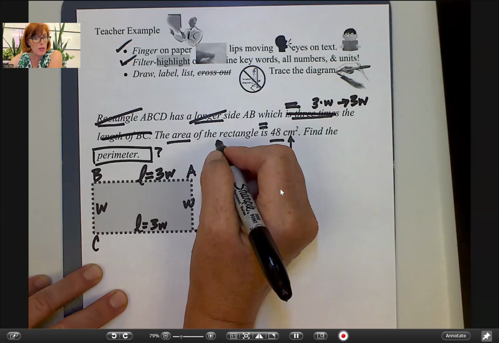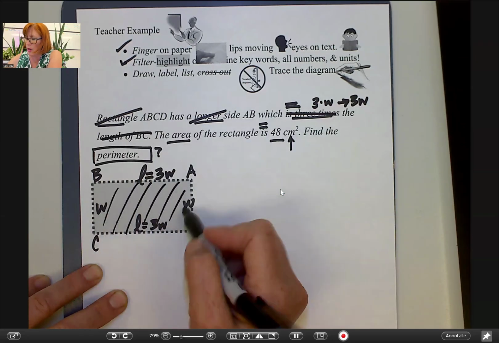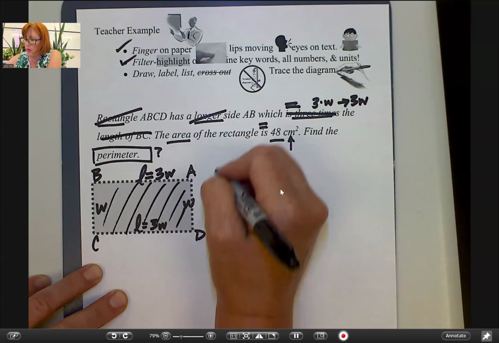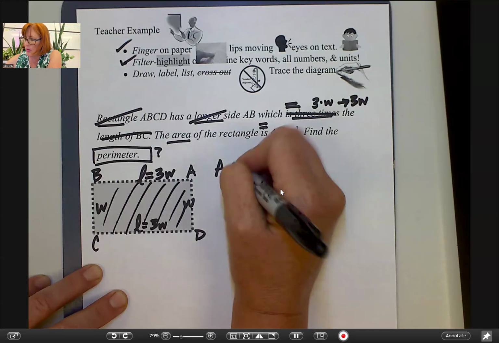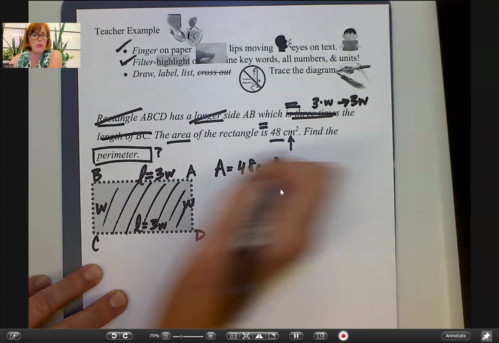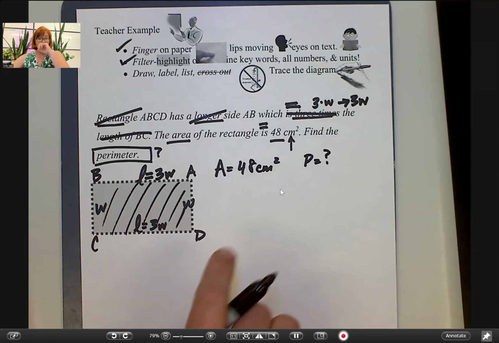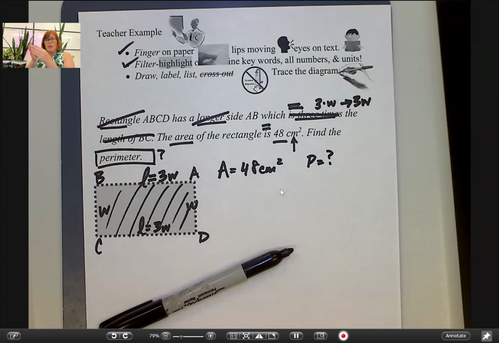It's a piece of information we're given. I just lightly shade. I always shade area. And then I focus, what do I want? Perimeter, question mark.